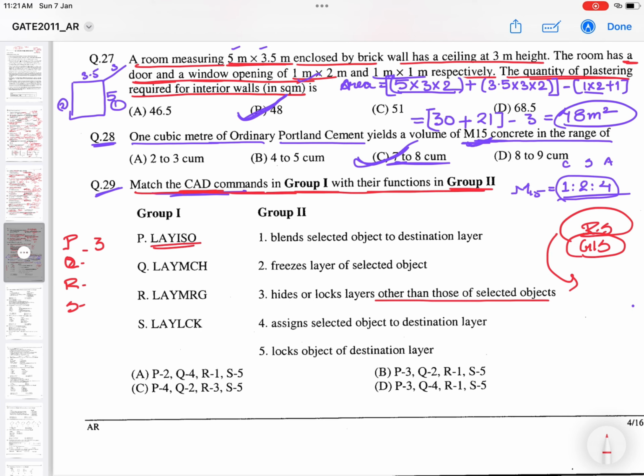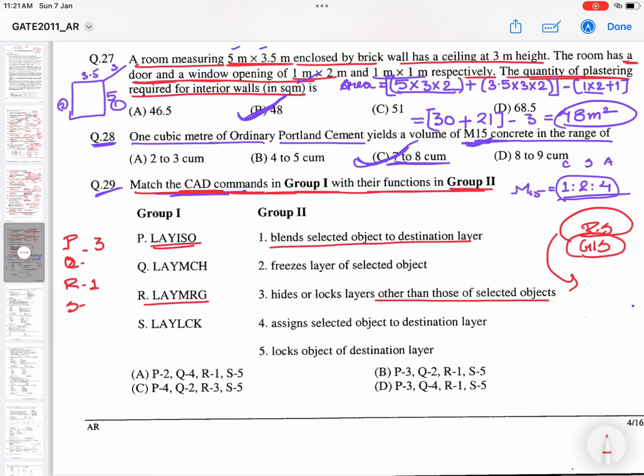Now Q, LAYMRG. LAYMRG is different from LAYMCH. LAYMRG is blend the object to destination layer. Yes.